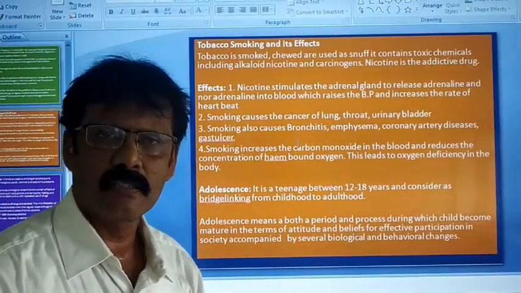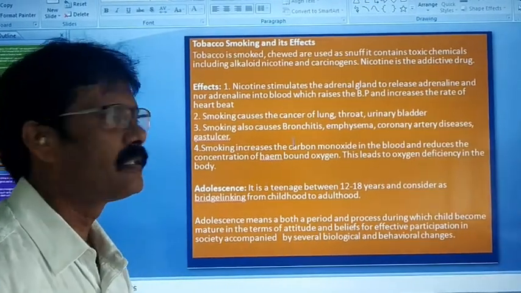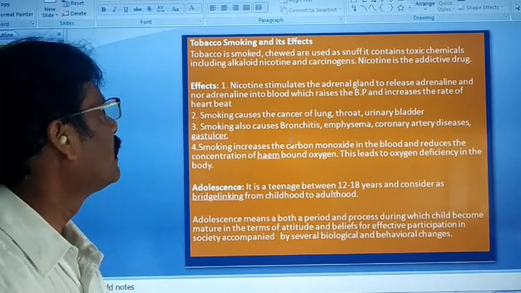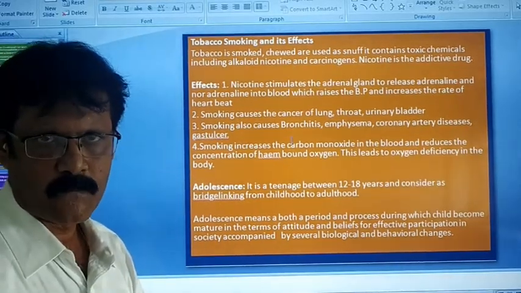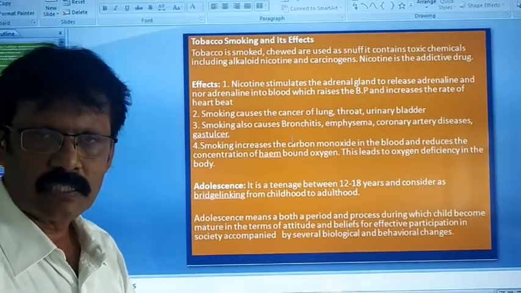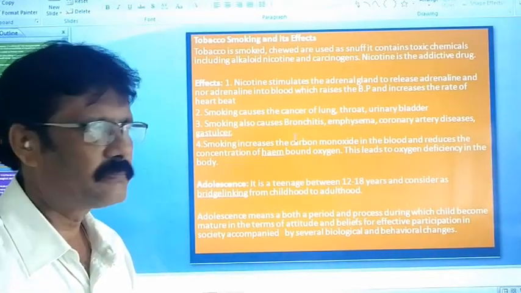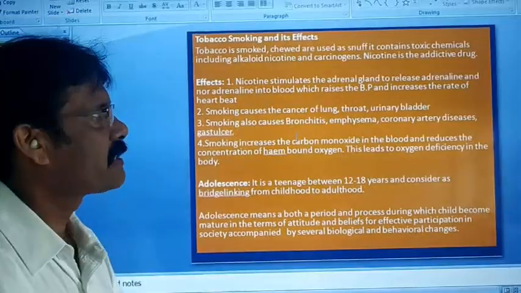So next one is tobacco smoking and its effect. Tobacco is smoked, or chewed, or snuffed.